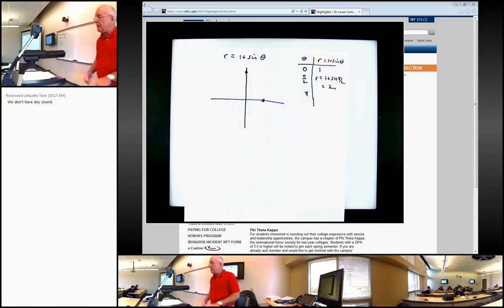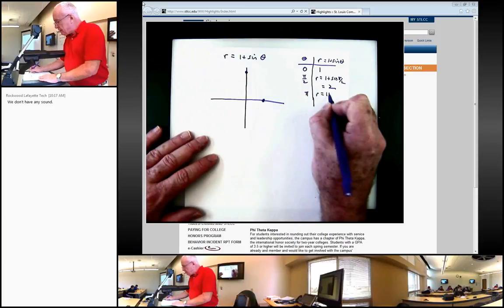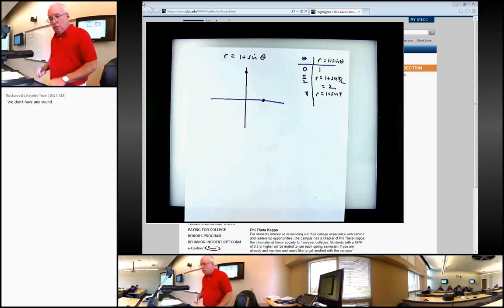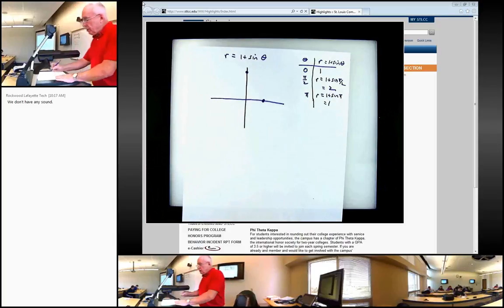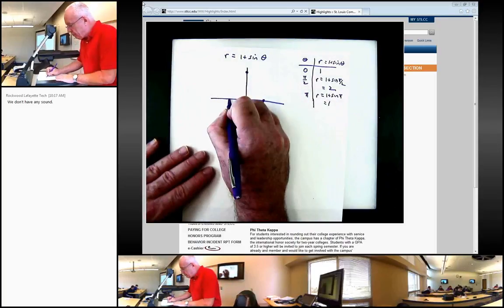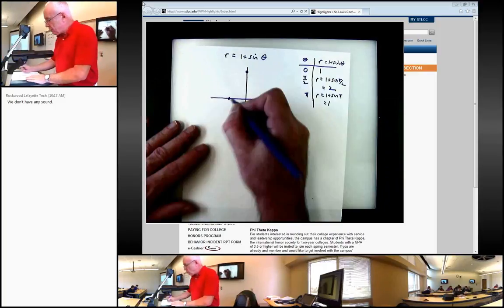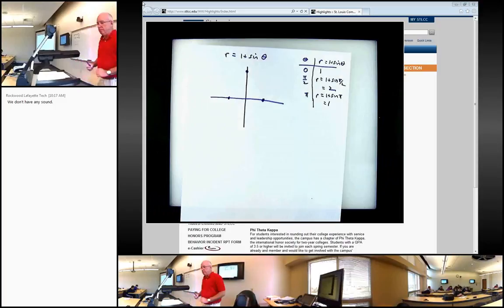Let's jump to the next quadrant, pi, and we have r is equal to 1 plus the sine of pi, and that's going to give us back a 1 again, right? So here is our angle pi in the polar coordinates, and we're going to go out 1. So that's that point right there.